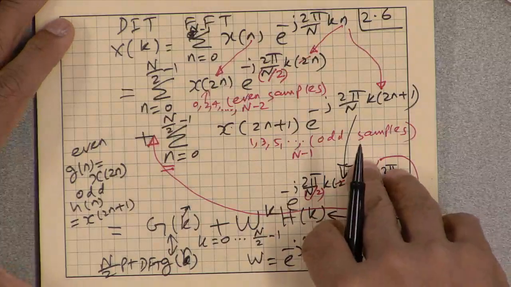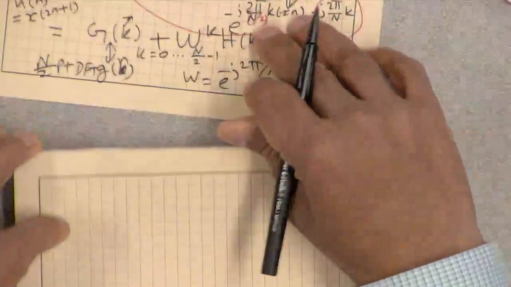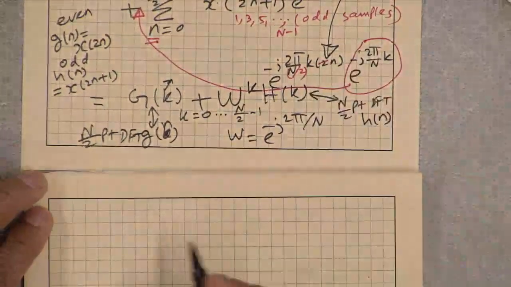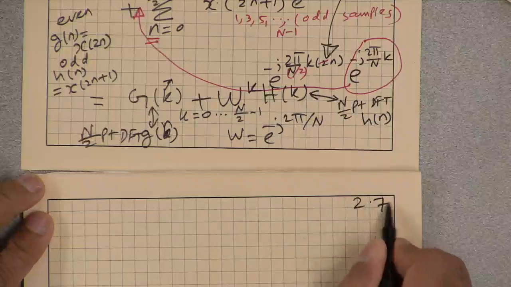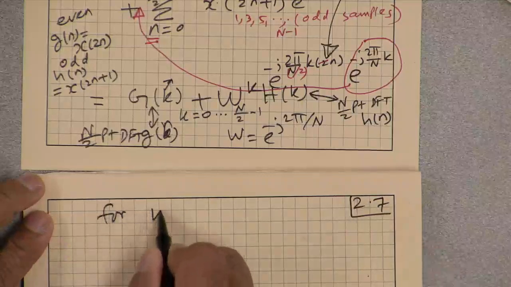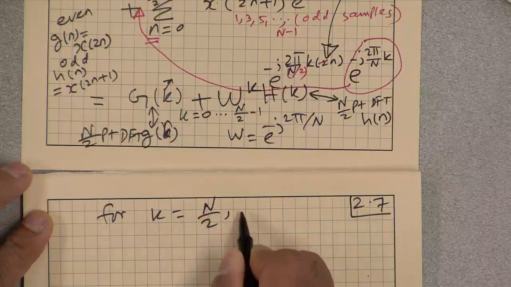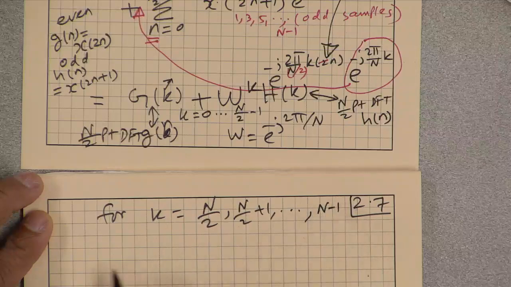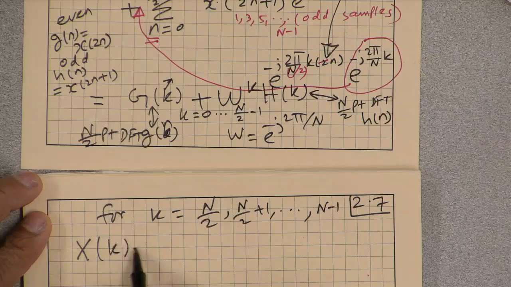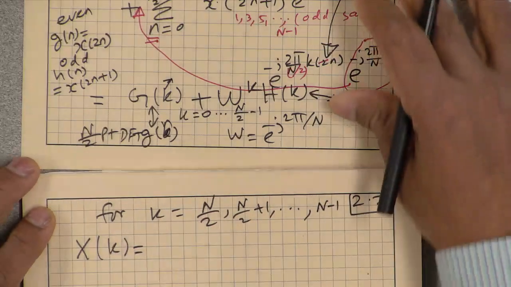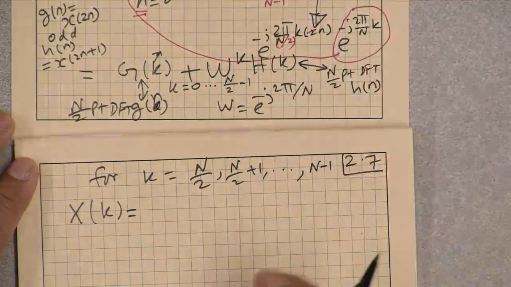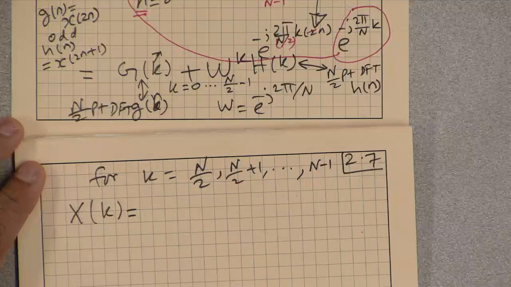So if I am going to compute for k equal to n by 2 plus 1 up to n minus 1, xk is going to be, so let's think about k equal to n by 2 plus 3 as an example.